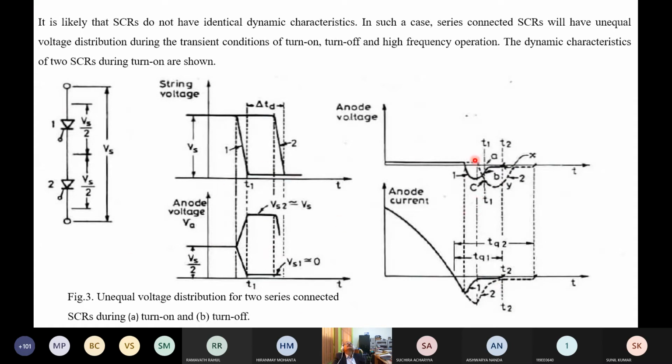Similarly here, if one is faster than the other, the voltage distribution is not equal. Is it okay?